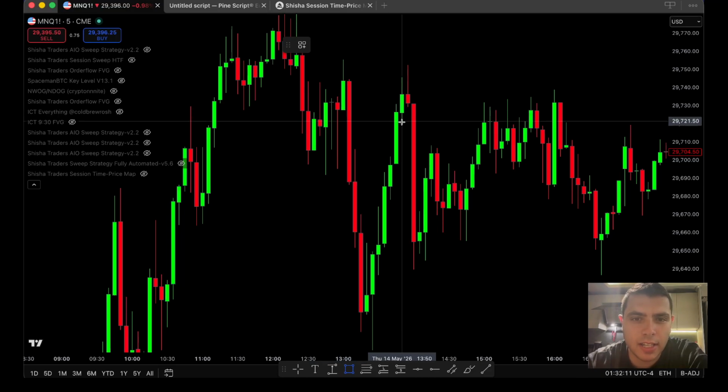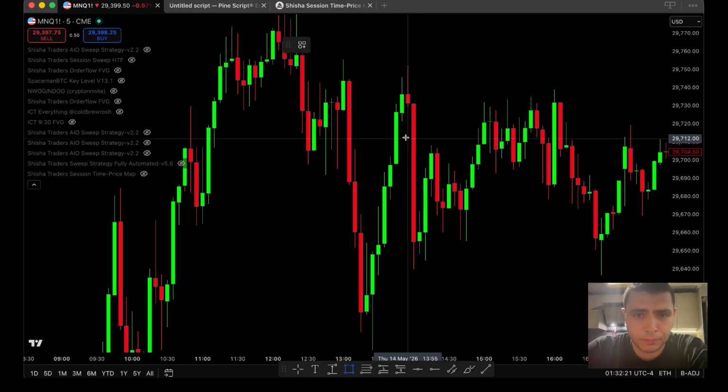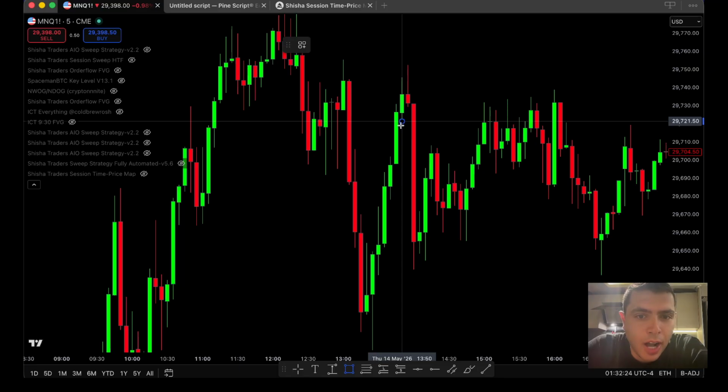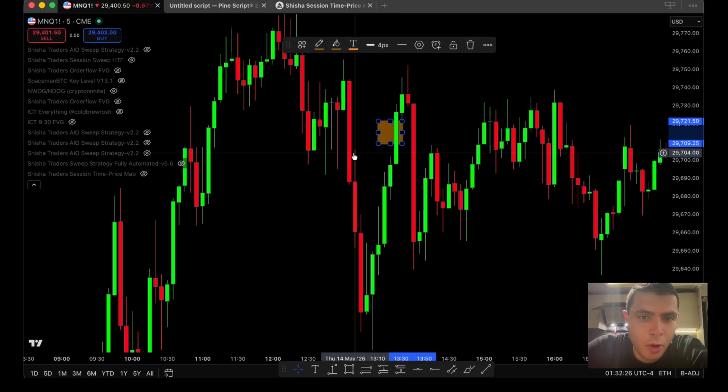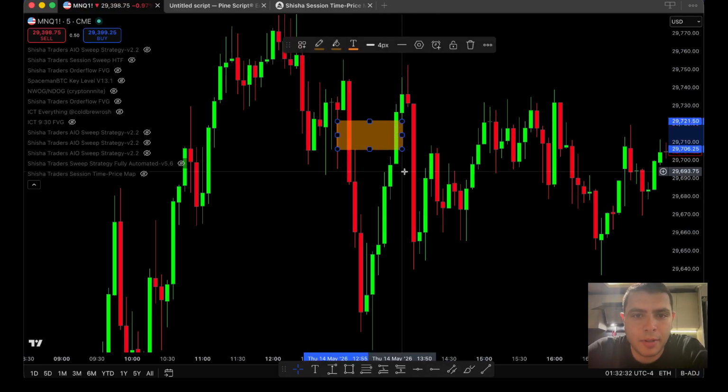You can see that the higher part of this FEG is inside, but the lower part is not. So start with that point and then just drag it to the opposing area. Like that. You get the same exact answer.